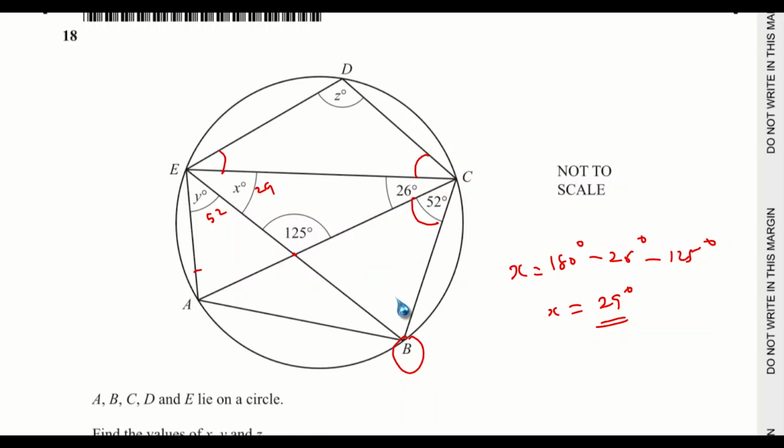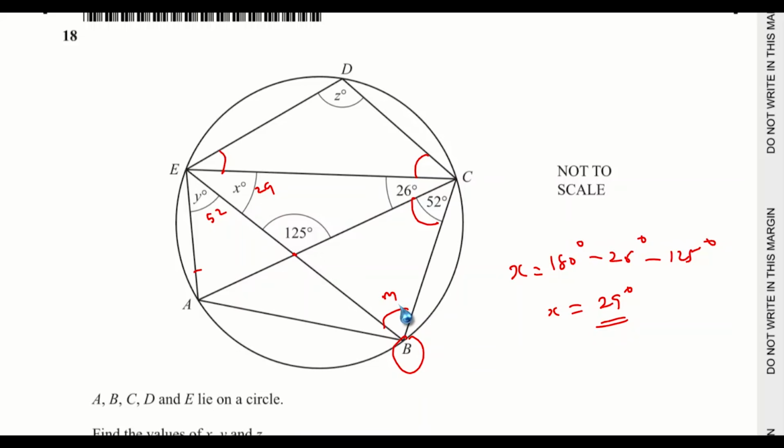We can actually make use of this. If we can get this angle here, then we can get the value of Z, because this angle, I can call it angle M for instance, and angle Z are supplementary. That is, they both add up to 180 degrees. So how can I get angle M? It's super easy. I can get angle M from these three angles, that is angle X, which is 29, plus 26, plus 52.